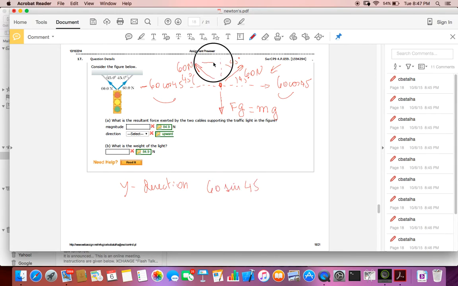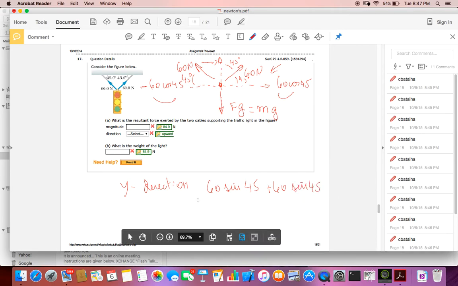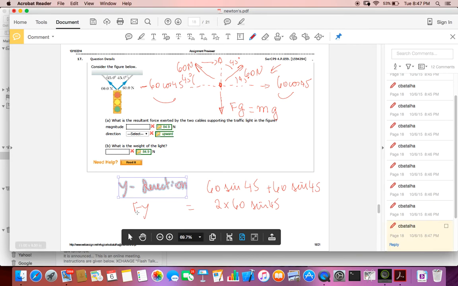And the other force also projects in the y direction, plus 60 sine of 45. So Fy, the resultant in y, is going to be 2 times 60 sine of 45. And the direction is pretty much the y direction, right? Because in your x direction, the projection is 0.